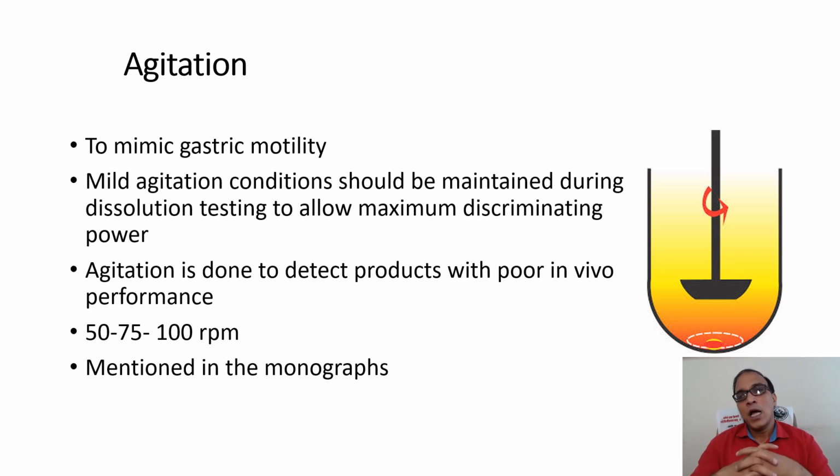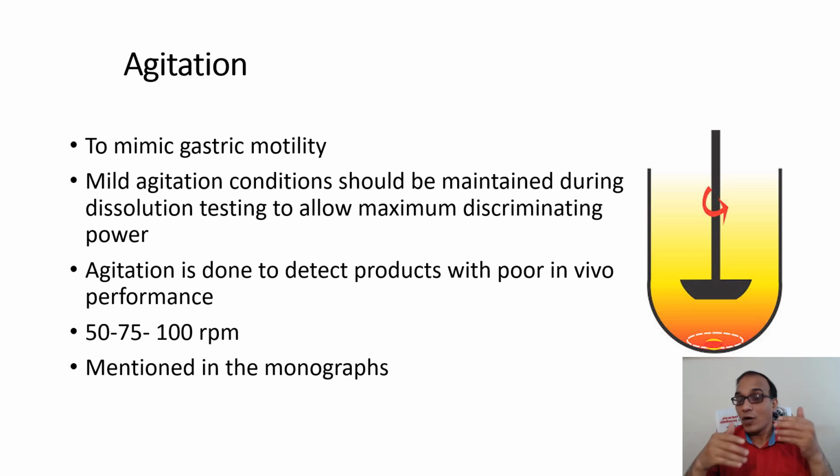Actually, this selection of agitation is done on the basis of the discriminating power. We will choose an agitation speed which will have the maximum discriminating power between the performance of two similar products. So agitation must have the capacity to discriminate between two products.